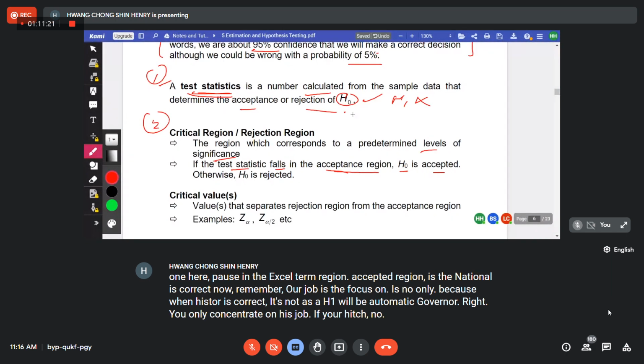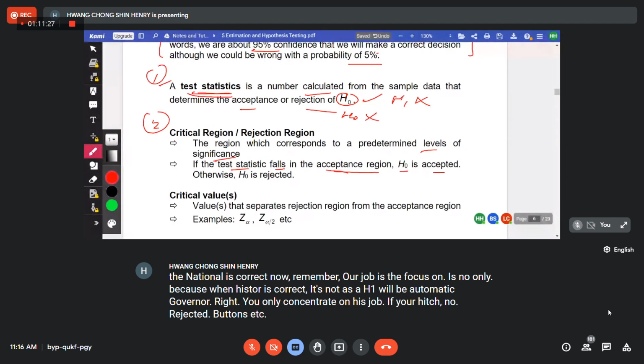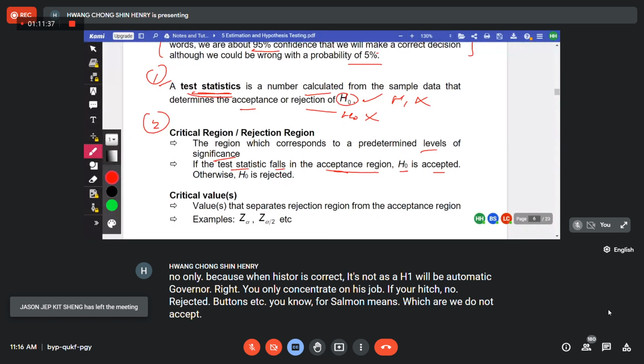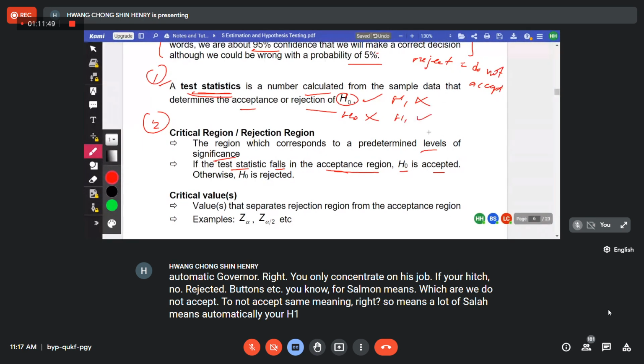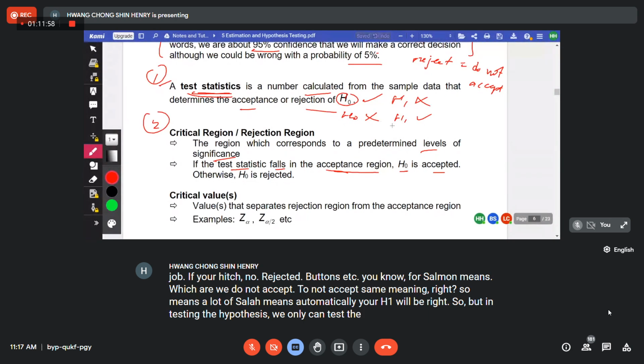If your H0 is rejected... correct means accept, can you follow? Wrong means reject, or we call it do not accept. I write down here, reject means do not accept. Same meaning, right? So wrong means automatically your H1 will be correct already now. Only one person can win. But in testing the hypothesis, we only can test the H0, not the H1. So far, okay, right? Very well.